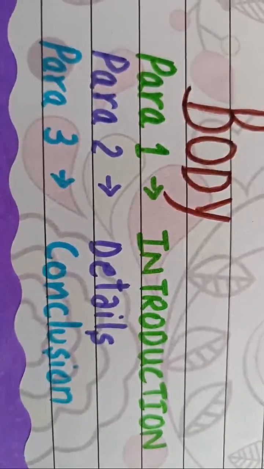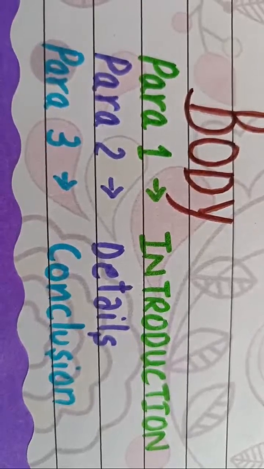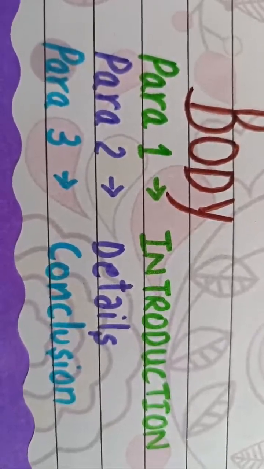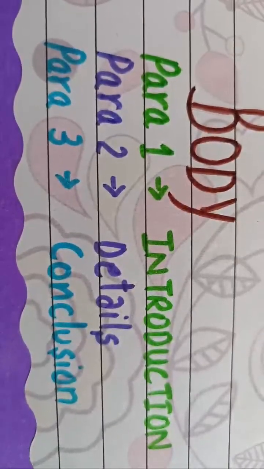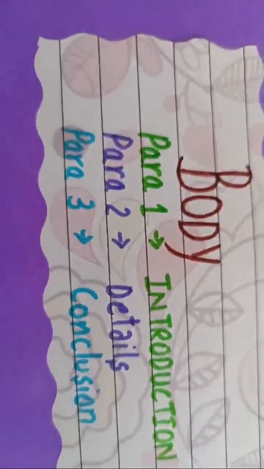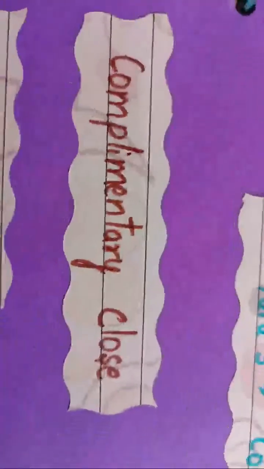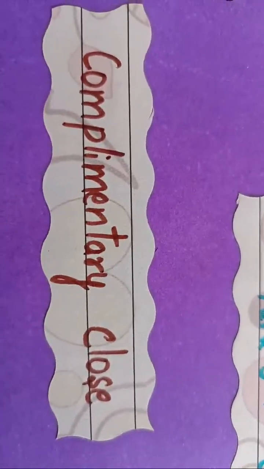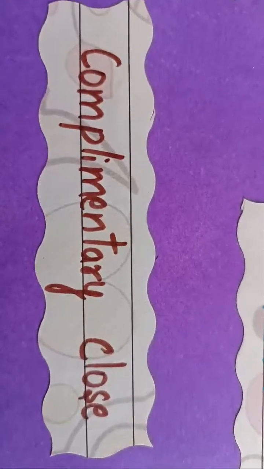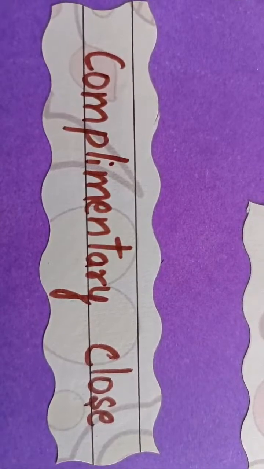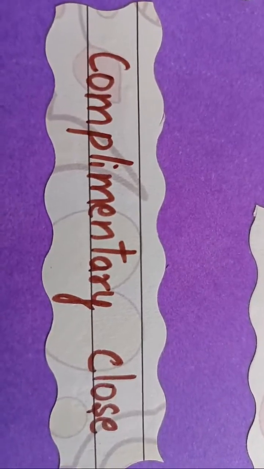The conclusion should be appropriate. It should give the sum up of the whole letter. After the conclusion, there comes the complementary clause. In the complementary clause, you need to write "yours faithfully" or "yours obediently."